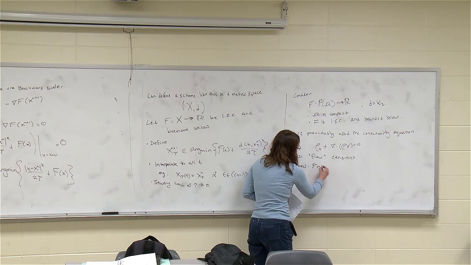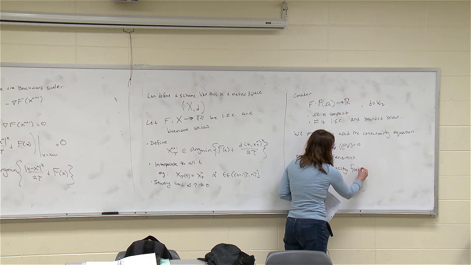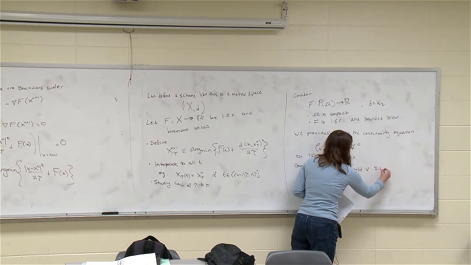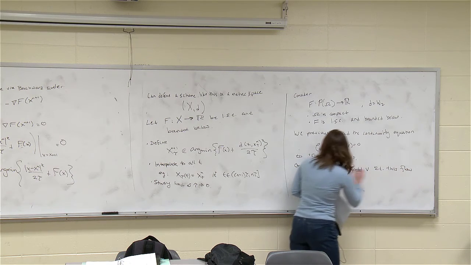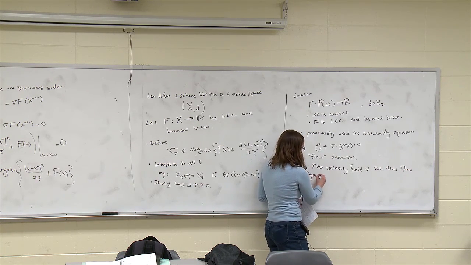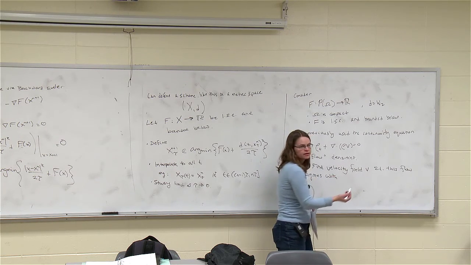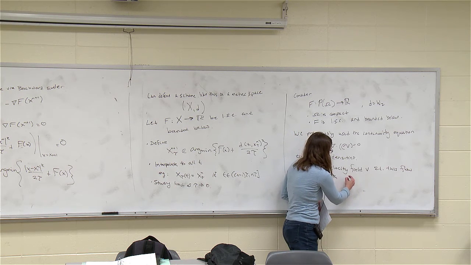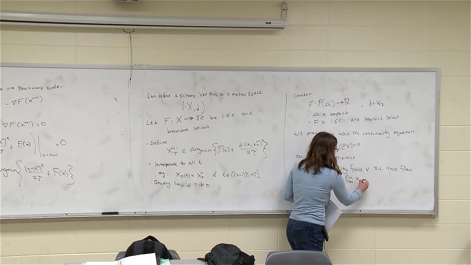Let's find the velocity field v such that this flow is equivalent to whatever we would get. So the solution of this flow would agree with the limit as tau goes to 0 of our x tau.